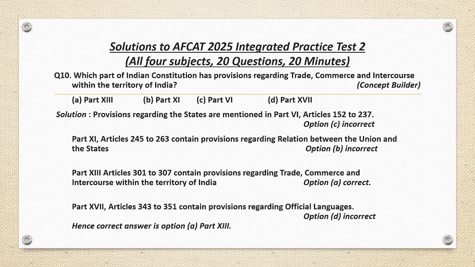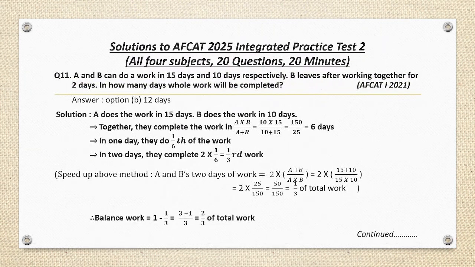So option A is correct. Then part 17, articles 343 to 351, official languages. So what is required for us? That part which contains provisions regarding trade, commerce, and intercourse. Next question, let us see.